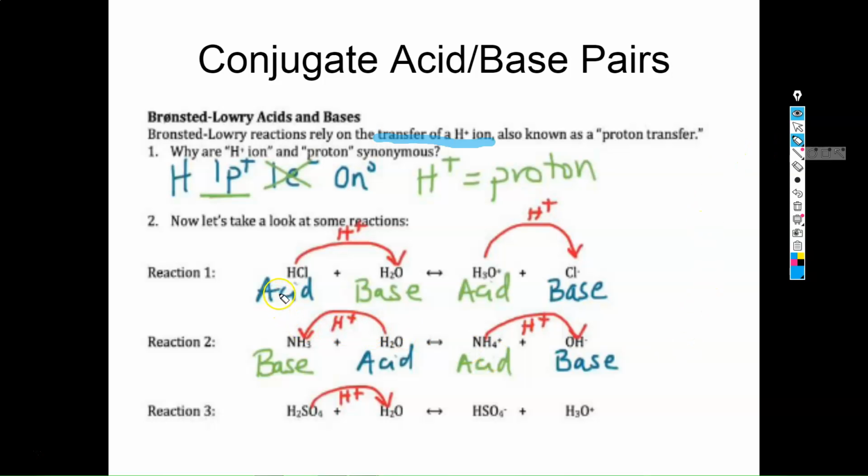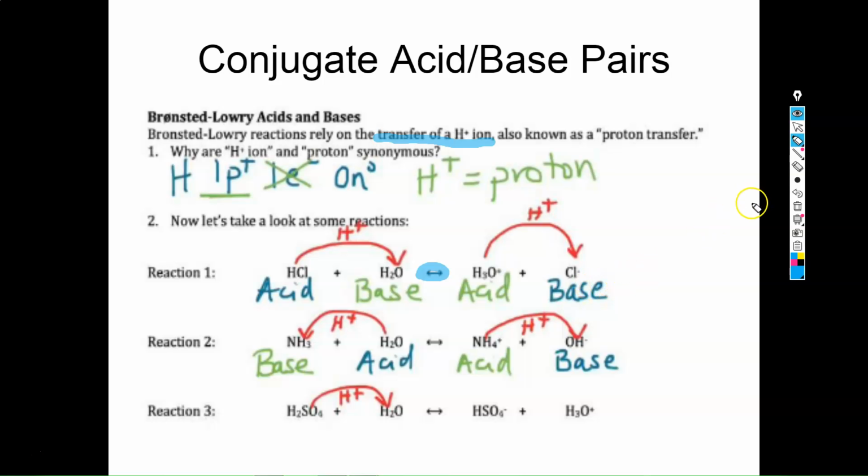In this case, our acid is giving away its hydrogen to the base. And you might notice right in the middle here that we have a double-sided arrow. That means on the product side, we also are having a reverse reaction happen. In this case, we have the acid giving away its hydrogen to the base.